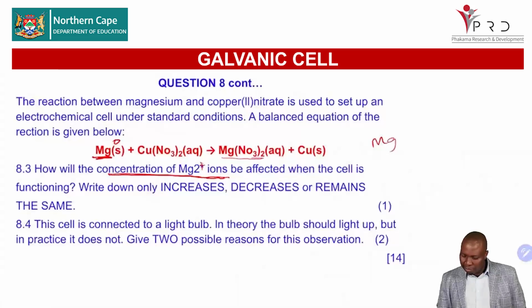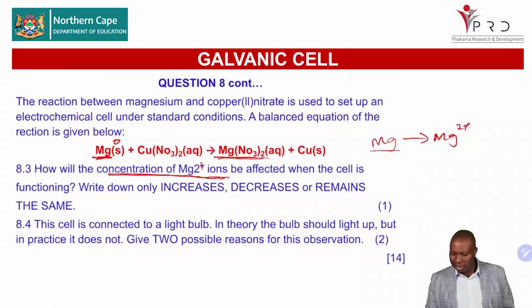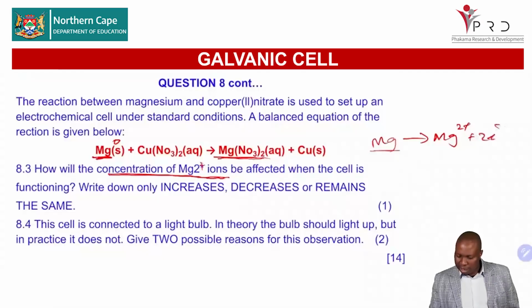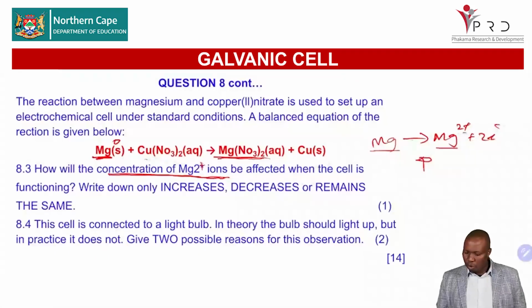It's forming magnesium 2+ here, in magnesium nitrate. Magnesium is forming magnesium 2+ because we said it's a stronger reducing agent, it's a reactant. So the concentration of magnesium 2+ will increase because it's busy losing electrons. But when you go to the cathode side, you will find that we have copper 2+ that is gaining electrons.